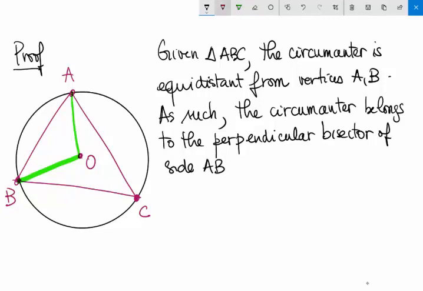This is a previous result that we've seen. So because A and B are equidistant from O, then if you draw the perpendicular bisector of the segment, it must contain the point O.